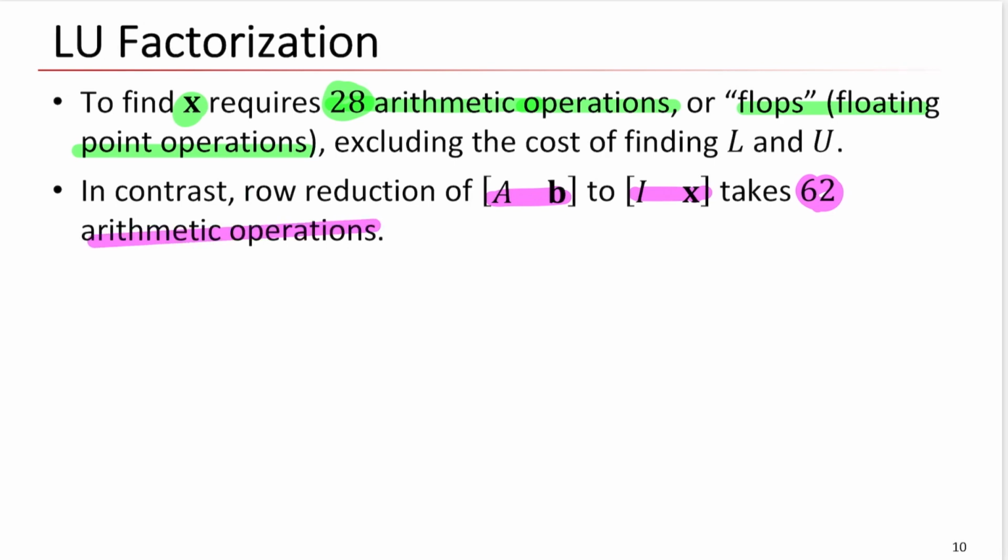So we can say that using the LU decomposition is much easier to solve and more efficient than the original matrix solver, x equals A inverse b, something like that. Okay, so this is the advantage of the LU decomposition or the LU factorization.